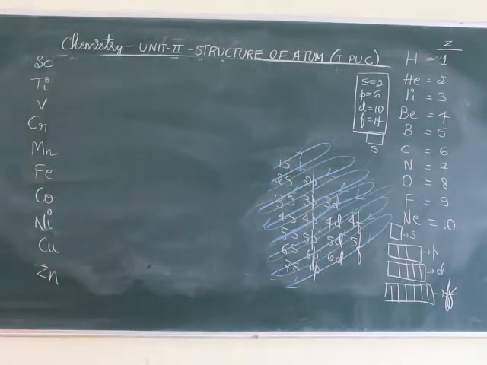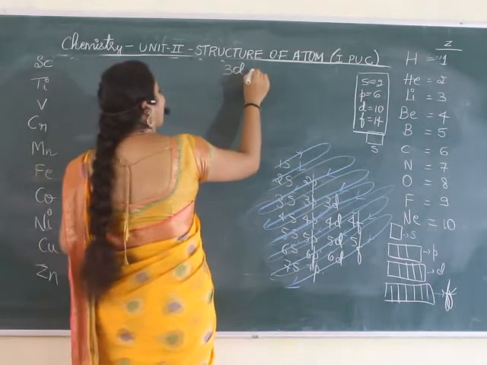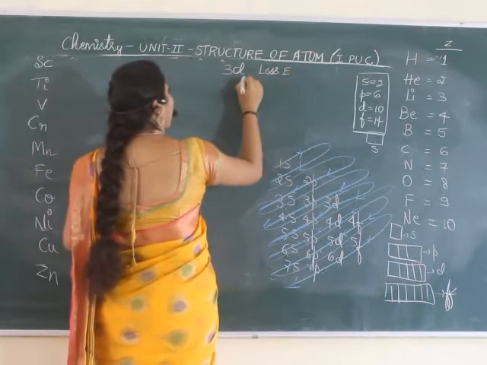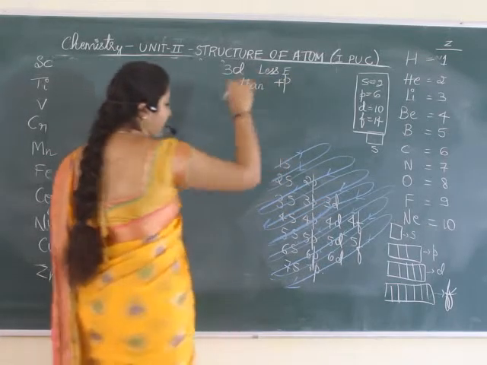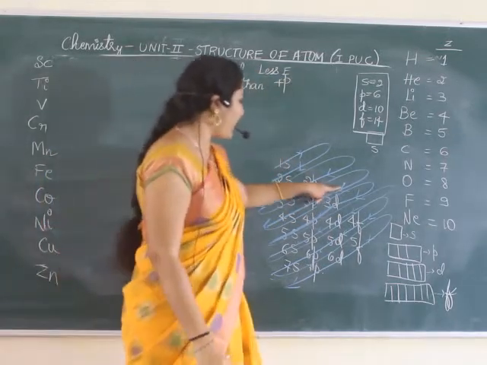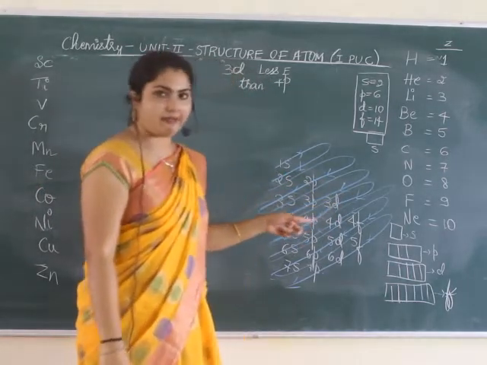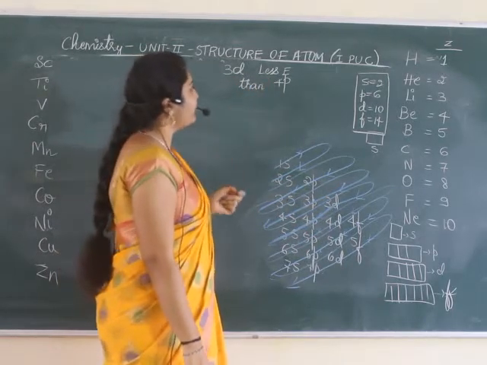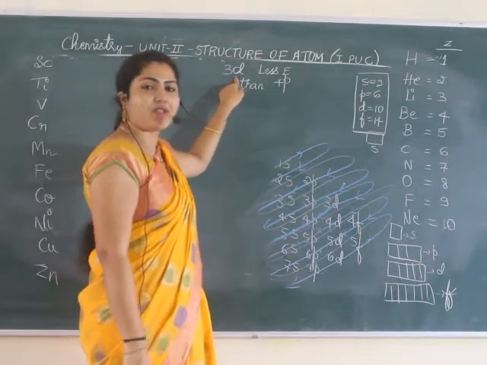Here what we see as the variation is that 3d has less energy than 4p. So you see, after 3p comes 4s, after 4s comes 3d and then 4p, isn't it? So 3d has lesser energy compared to 4p, and so now the electrons get filled in which orbital?